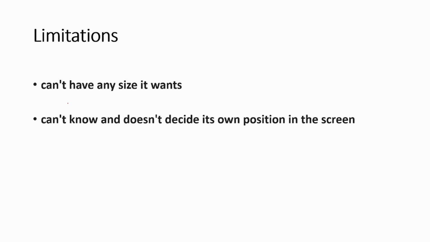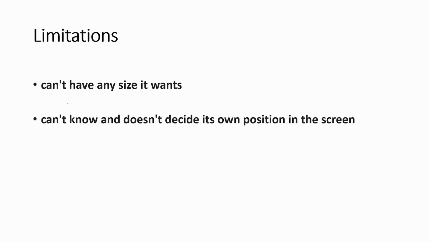Next, a widget can't know and doesn't decide its own position on the screen. That is the decision of the parent widget, where the child widget will be positioned. Since the child can't decide it, the parent has to decide it.